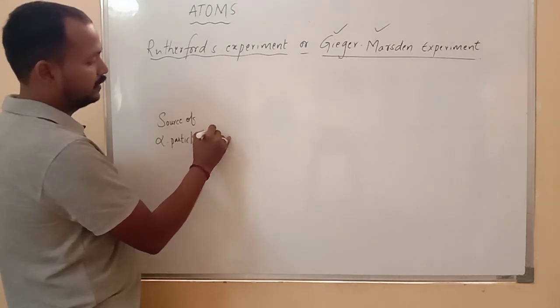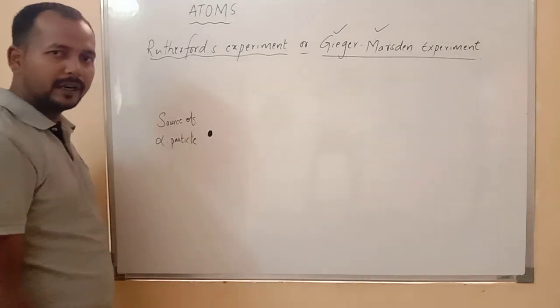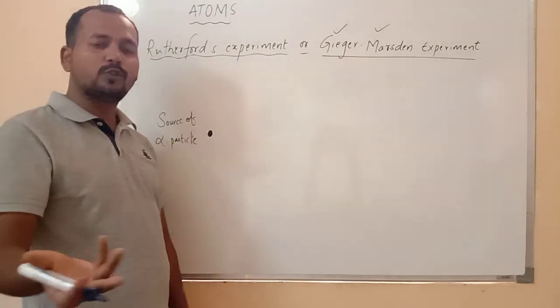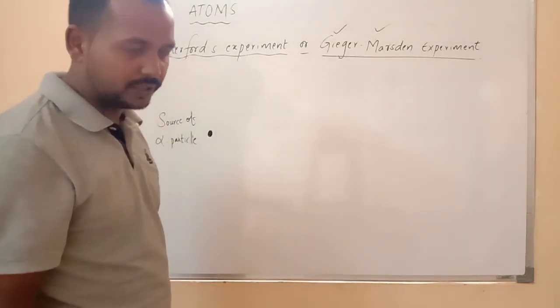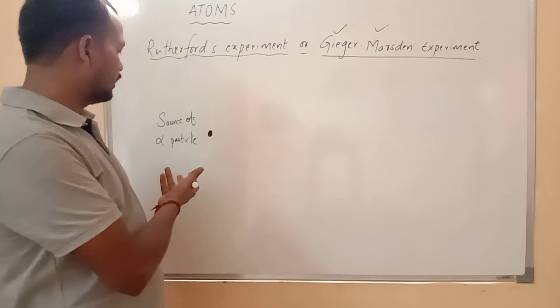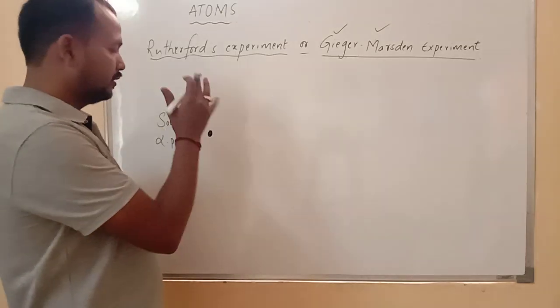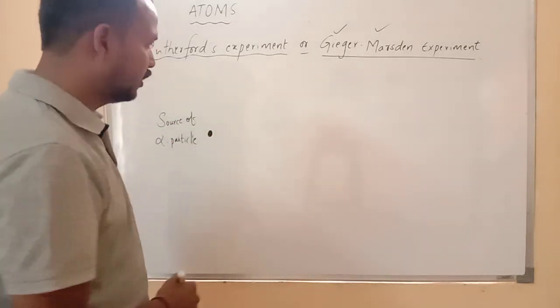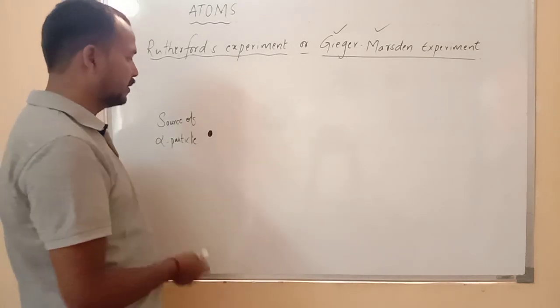I'll assume that this is a source of alpha particles. For the source of alpha particles, you may take any radioactive substance. Through alpha decay, the alpha particles will be emitted from the radioactive substance.